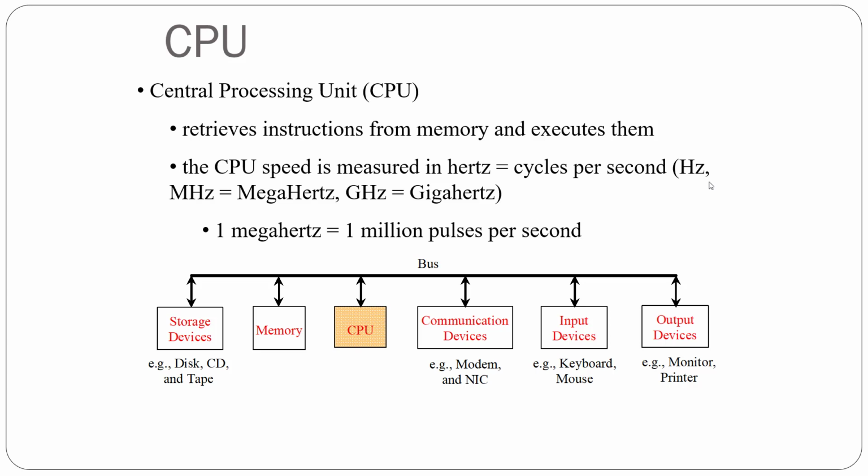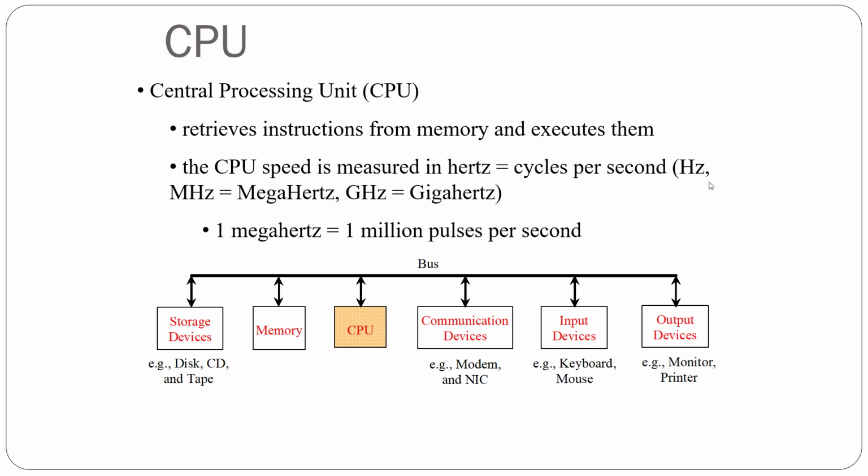All right. So why do we measure the processing speed of a CPU in hertz? For that, you need to understand this fact that in a computer there is an internal clock, and this internal clock emits electronic pulses, and these electronic pulses are used to synchronize the operation of the different components of the computer.